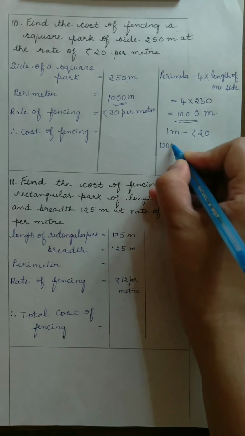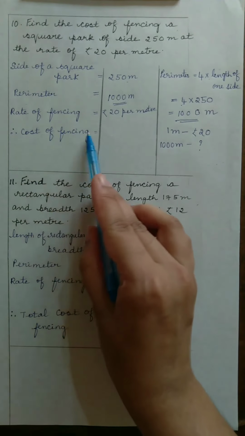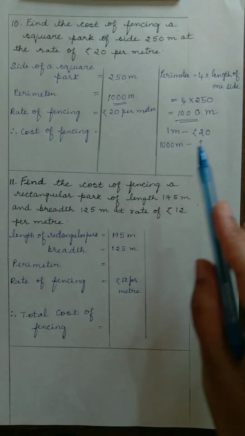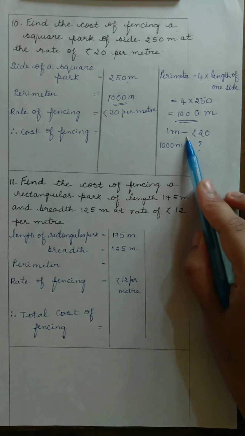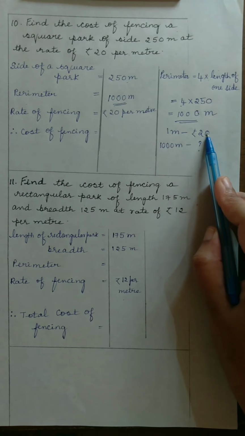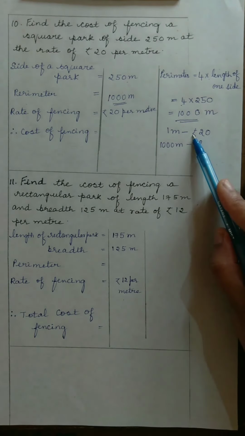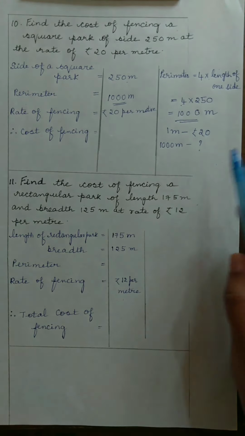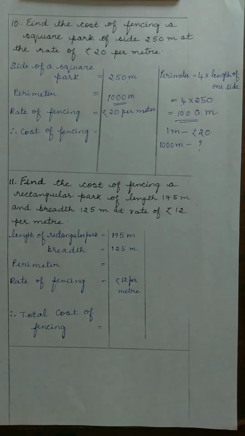Therefore, for 1000 meter it is how much? To find out the total cost of fencing, the method we follow is: for 1 meter, the cost of fencing the square park is rupees 20. Now, for 1000 meter, how much is the amount?